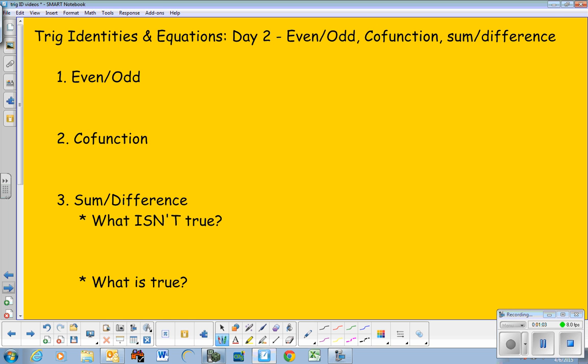So let's talk about what that means. Let's look at a graph of cosine. A graph of cosine starts at the top and it's symmetric about the y-axis like this, which means if you take the cosine of an angle, however many degrees you want, let's call this x degrees, and you take the cosine of negative x degrees, you're going to get the exact same value.